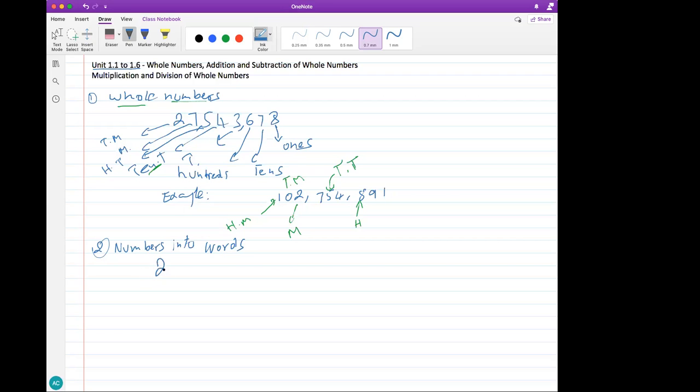So each group has, you can say, 27 million. Then 543,000. Okay, so 27 million, and then that comma, and then you said 543,000. Exactly. Let's write that first.